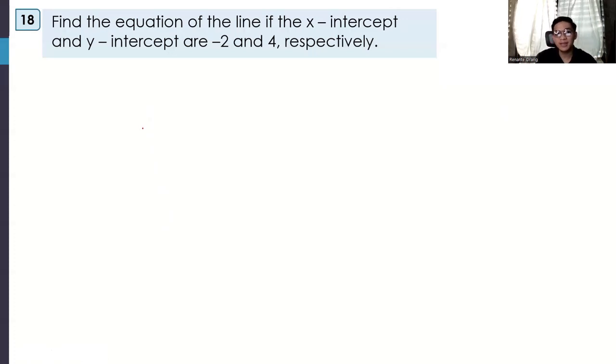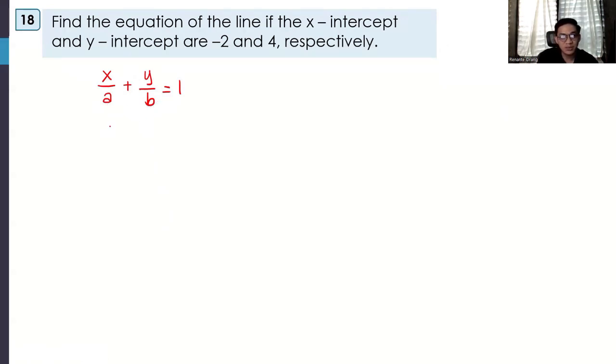Number 18, find the equation of the line if the x-intercept and y-intercept are negative 2 and 4 respectively. So, if given yung ating x and y-intercept, ito yung formula na gagamitin natin, class. X divided by a plus y divided by b is equivalent to 1, where a is our x-intercept and b is our y-intercept.